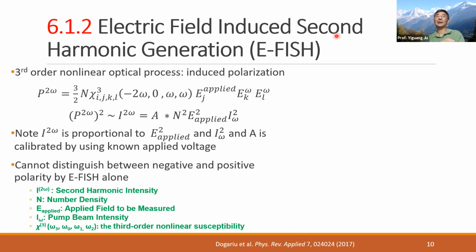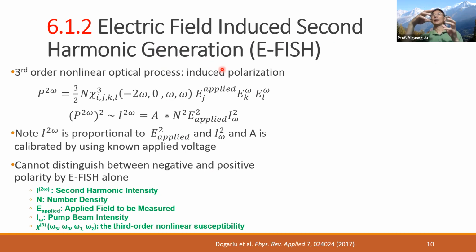second harmonic generation. So if you have, for example, a molecule, and the molecule is subject to a very strong electric field, such as from a picosecond laser or a femtosecond laser, the electron cloud orbitals will be polarized.